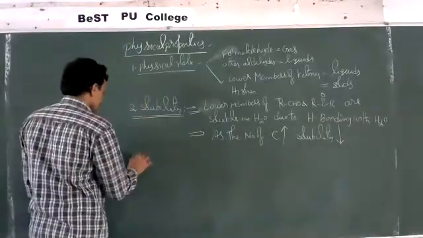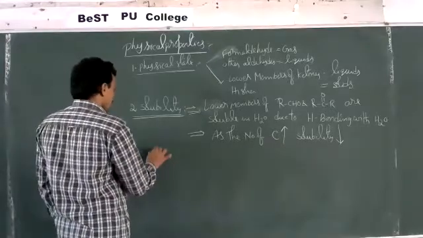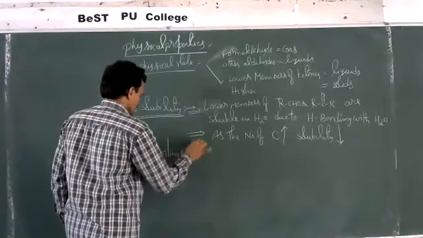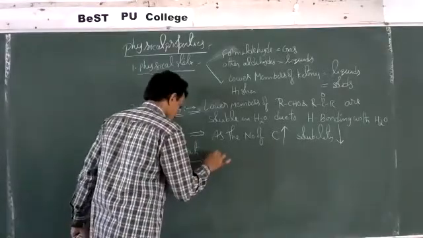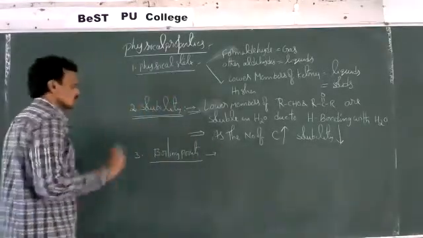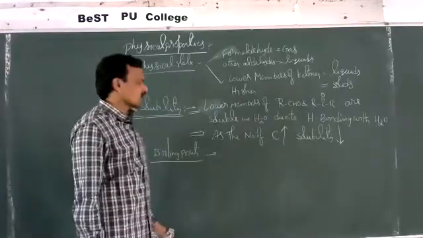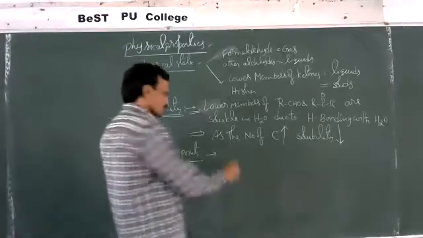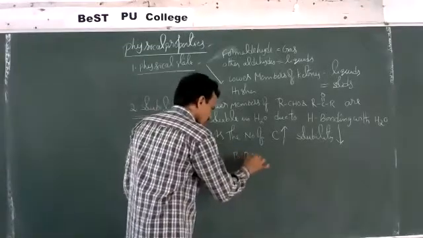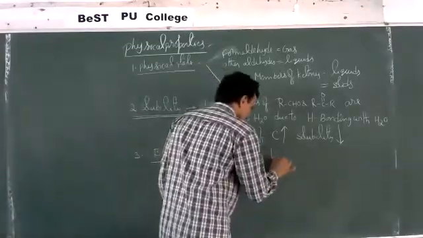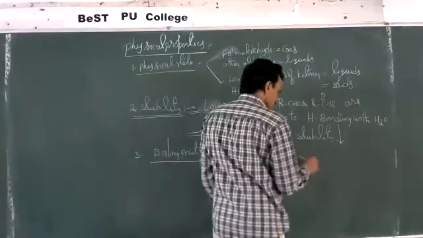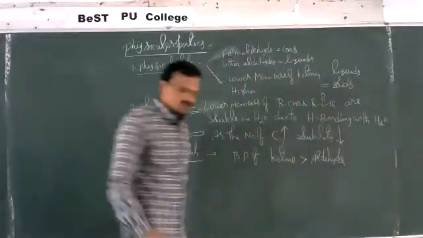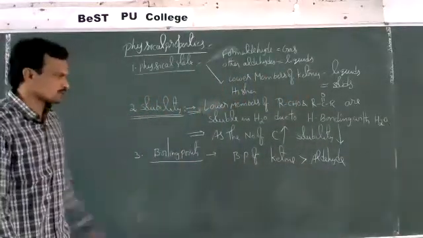Next, boiling points. If you compare the boiling points of aldehydes and ketones, the boiling point of ketone is greater than aldehyde with the same number of carbon atoms and similar molecular mass.